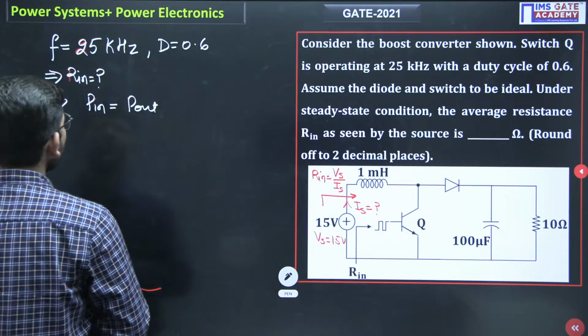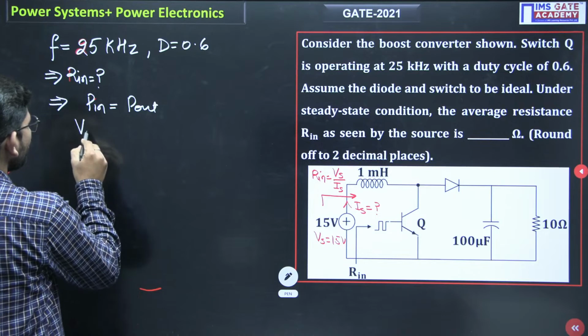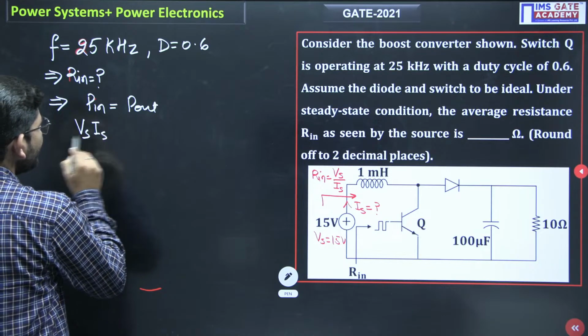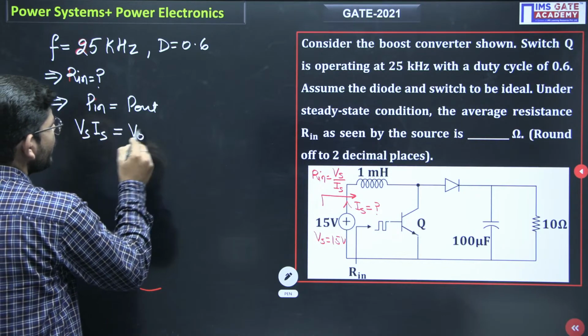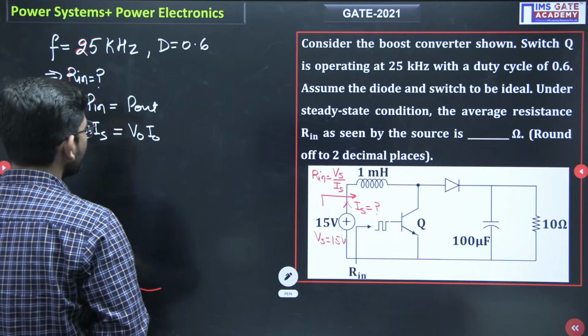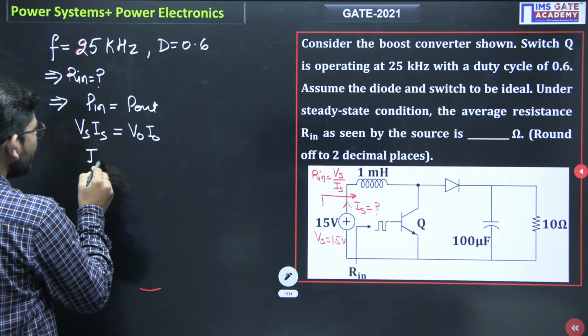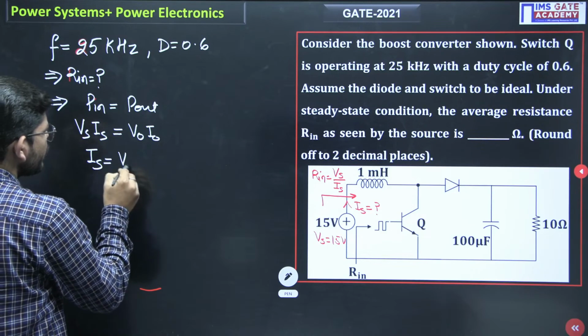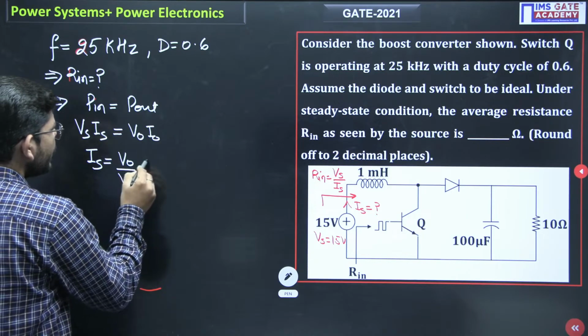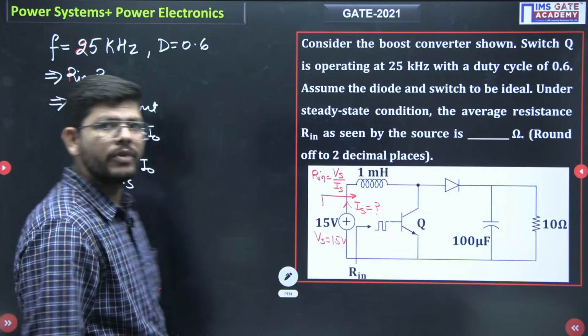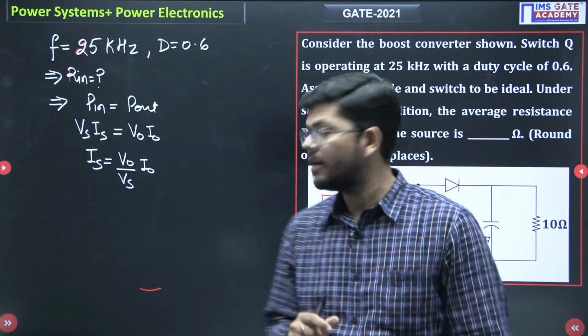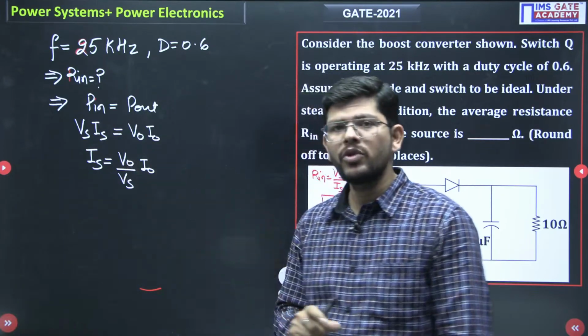Now if we have to calculate the input power, this will be equal to Vs into Is, and output power will be equal to V0 into I0. Now we have to find the value of Is, so this will be equal to V0 over Vs into I0. So we have to have the value of output voltage as well.